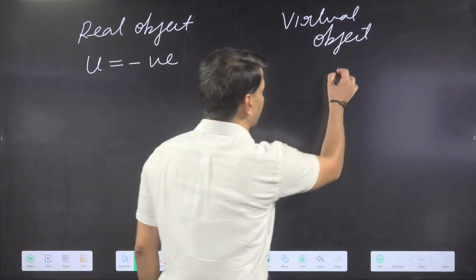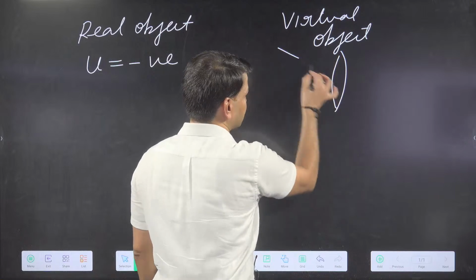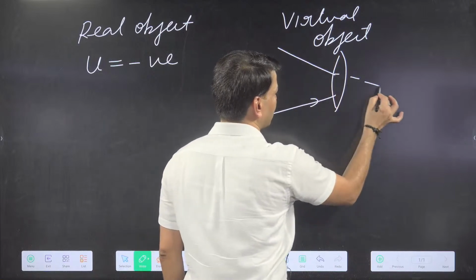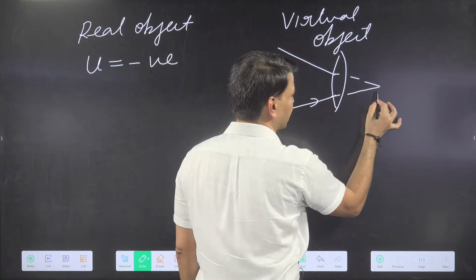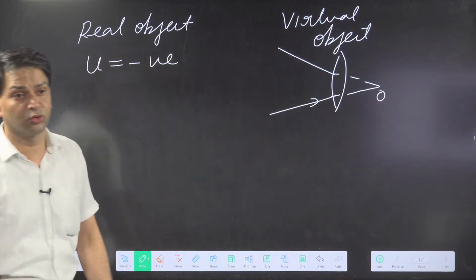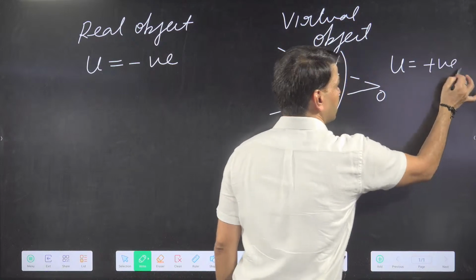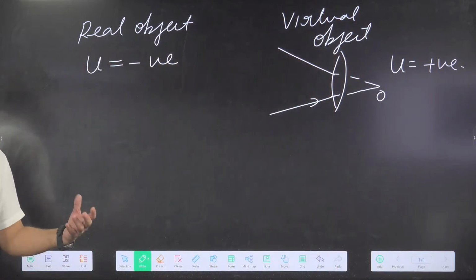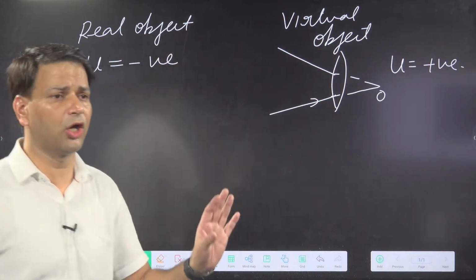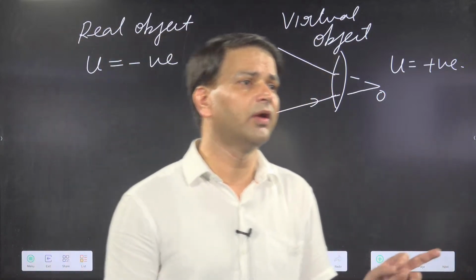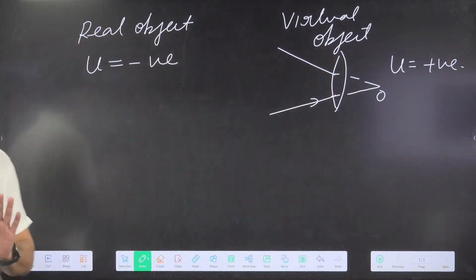And the point of convergence, suppose at a distance something they have given, so that you will take the virtual object. And virtual object U, what we will take? Positive. Okay, that always it will work. Real object, object distance we will take negative, and virtual object, object distance we will take positive.